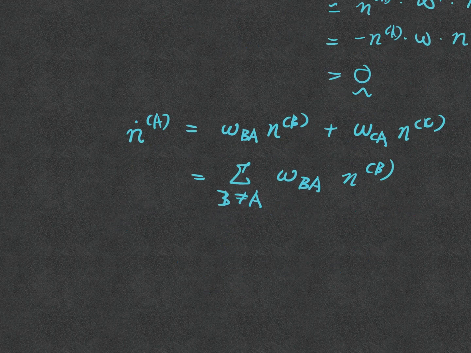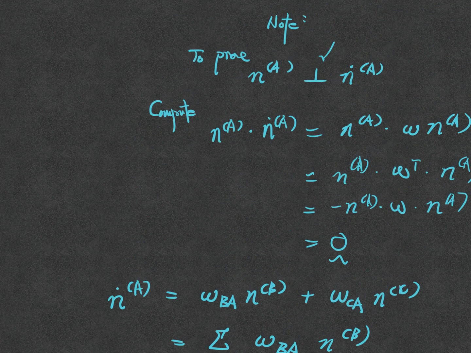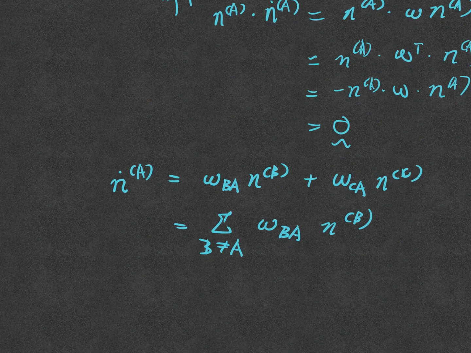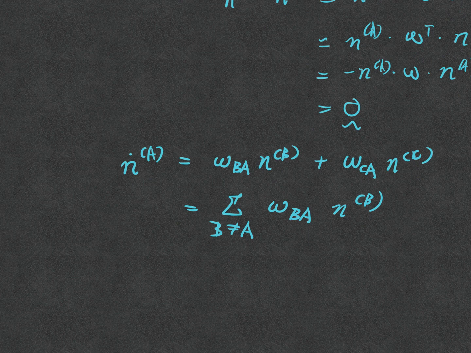Okay, so why do I write it in this particular case? Why is there no WAA, WBB, WCC? Does anyone see that? I omit that, right, when I write the spin. The diagonal terms are 0, okay? And then the spin is in the same direction. So N and N dot A are orthogonal to each other.